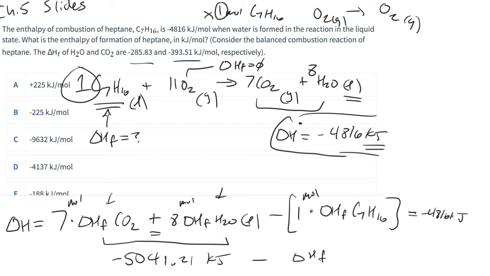Minus the delta HF of C7H16 times 1 mole. So 1 mole times this, and that equals minus 4816 still.